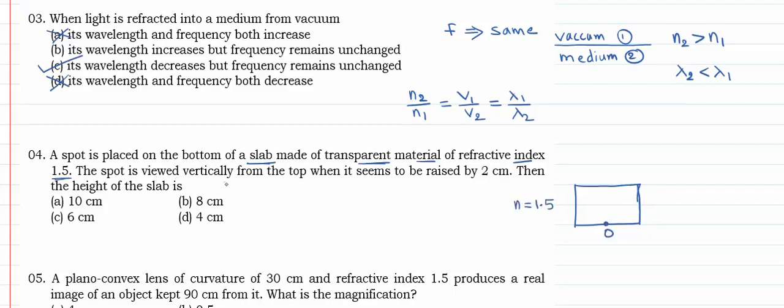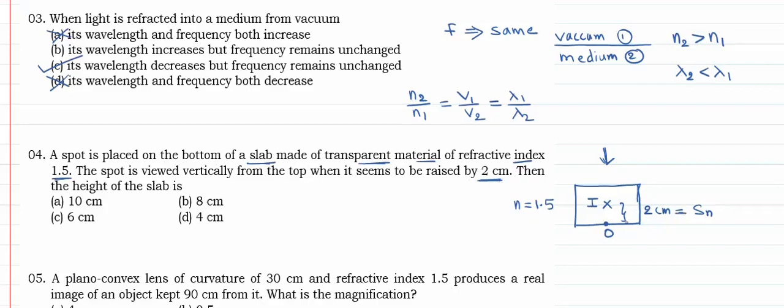The spot is viewed vertically from the top. In a denser medium, the spot appears raised, nearer. When he sees from the top, the spot appears to be raised by 2 centimeters. This is nothing but the normal shift.